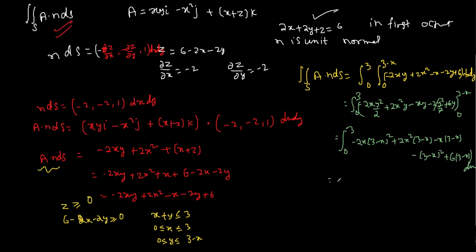Okay. So minus 2x times (3 minus x) square, plus 6x square.